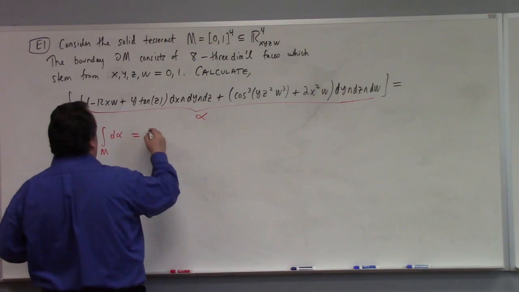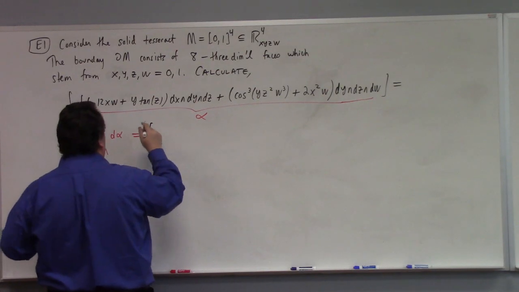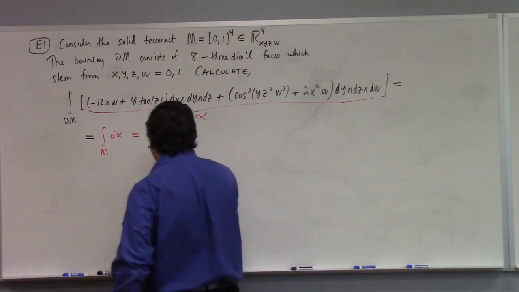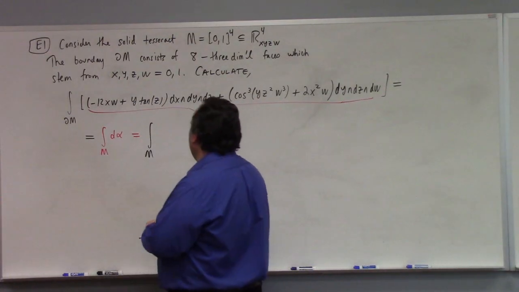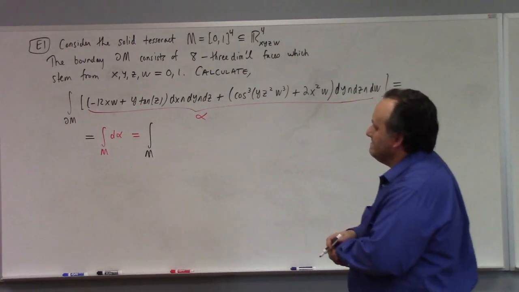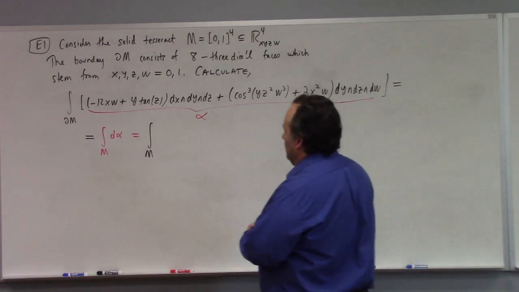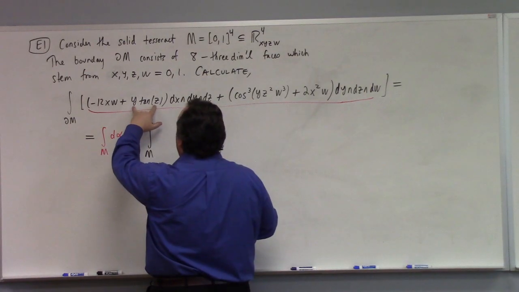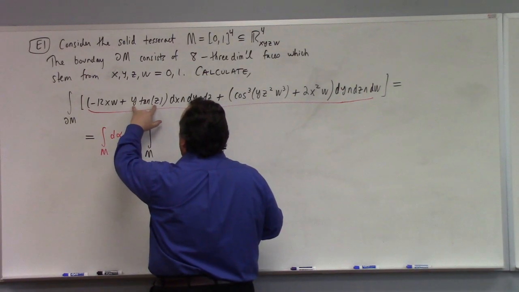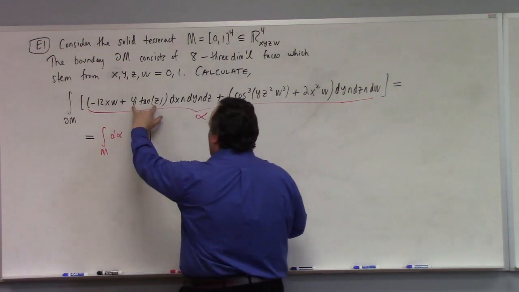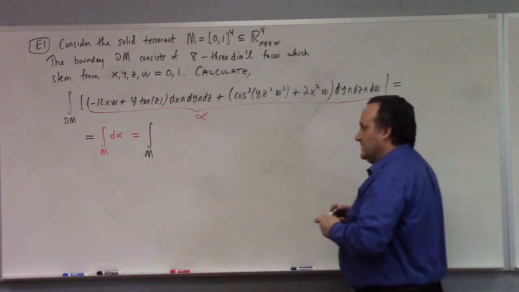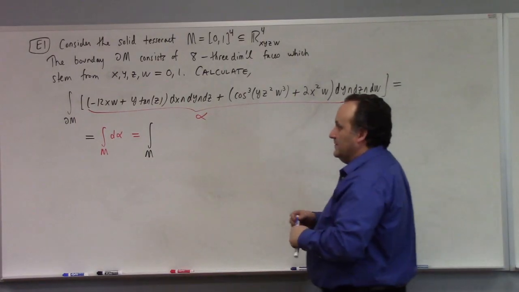So what is the exterior derivative here? It's not 0, no. Close to it. Let's look here. This right here has a y and a z dependence. So when I take the exterior derivative of this, I end up wedging with y and z. Consequently, that term goes to 0.